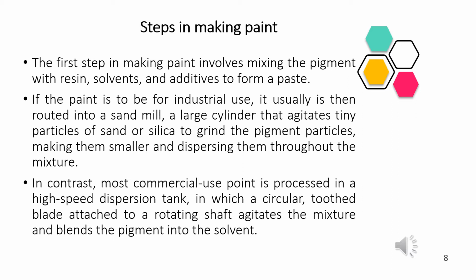What is the shape or the structure of a sand mill? A sand mill consists of a large cylinder. The purpose of this large cylinder is to agitate the mixture. The cylinder present in the sand mill agitates or shakes the tiny particles of sand or silica.